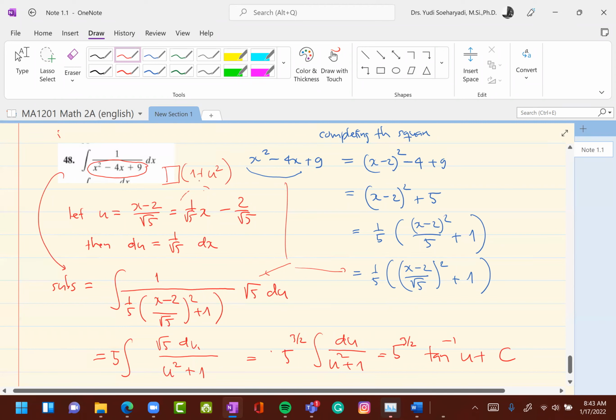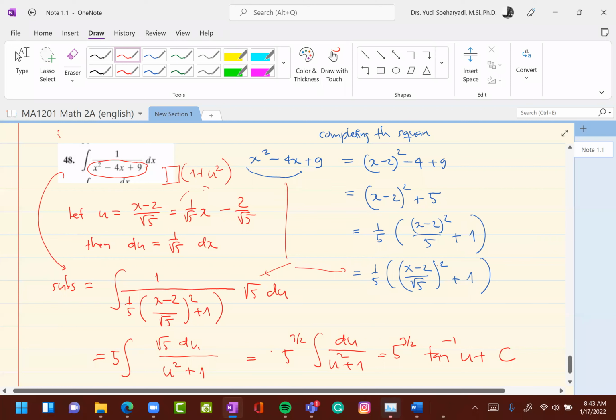So what we have here is that the square is there. But this is 5. So we try to make this 5 to 1, by dividing by 5, 1 divided by 5. And now put this 5 inside the square.